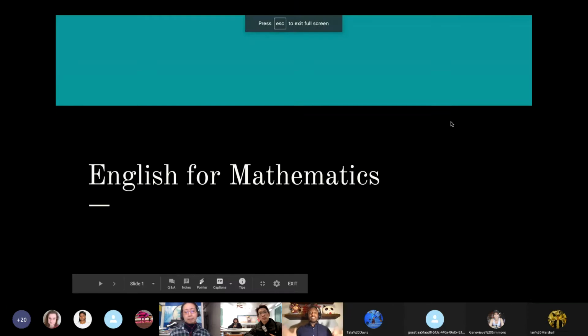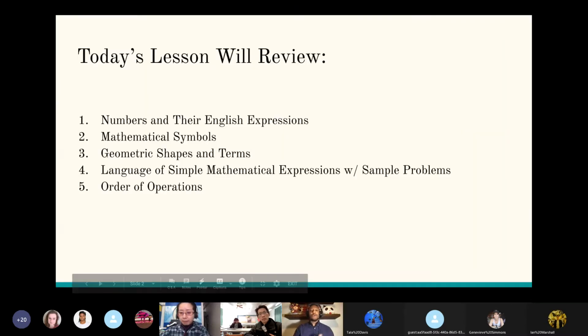Okay, so English for mathematics. That is our topic today. And so today's lesson, what I'd like to review is first going over numbers and their English expressions. We all know that we call numbers different things in different languages, but even some of the expressions, like saying 2 to the fourth power, are very different in different languages.